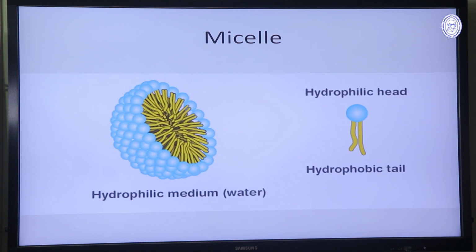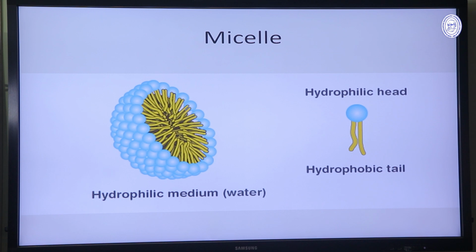Now, if this kind of lipids are put into a water environment or water medium, what will happen? All the hydrophilic head groups orient themselves in such a manner that the head region faces the water and all the hydrophobic tails get buried inside this structure so that they do not come in contact with the water medium.